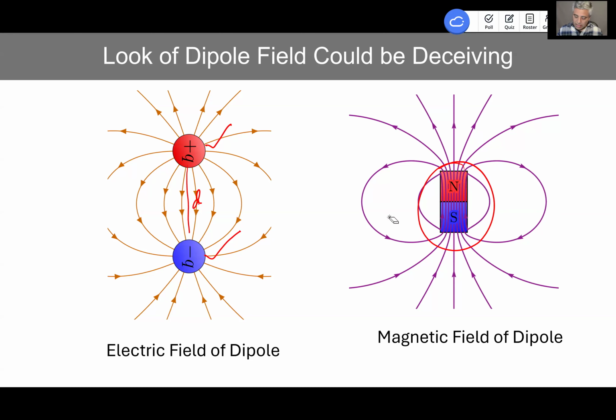The main difference between these field lines is that for charges, the field line starts from the positive charge and just ends at the negative charge. But for the magnet, it starts from north and comes to the south, but it does not end there. You see here, it goes inside as well.